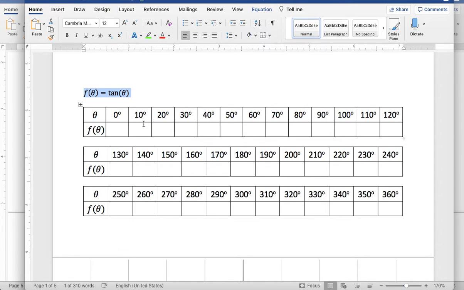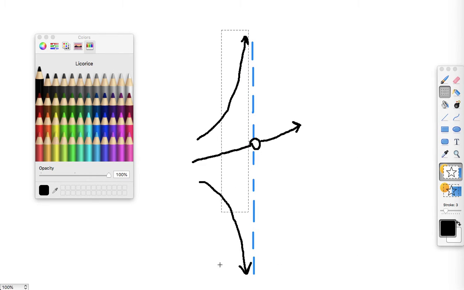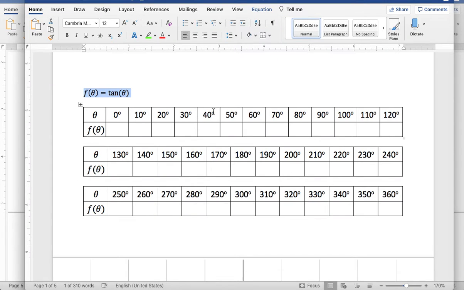One hint I will give you is, since we want to find what the graph looks like to the right and to the left of the asymptote, wherever you have your asymptotes here in this table, make sure you're filling in a lot of the angles to the left and to the right of that undefined angle.